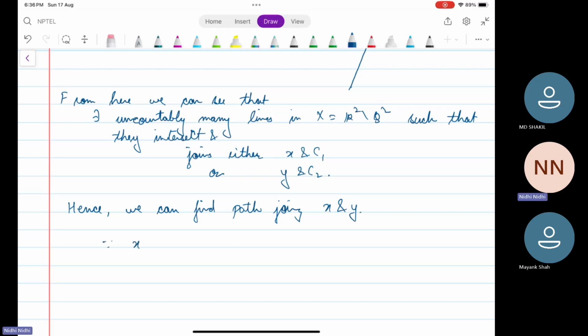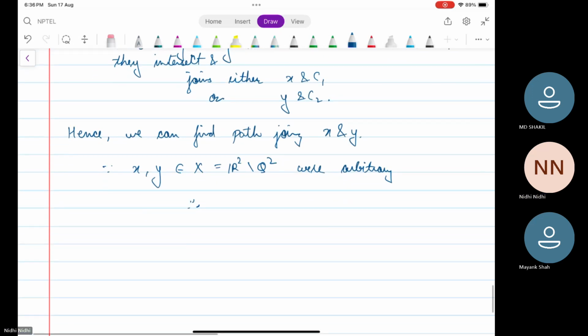Now, since x and y in X were arbitrary, therefore X is path connected and hence connected.